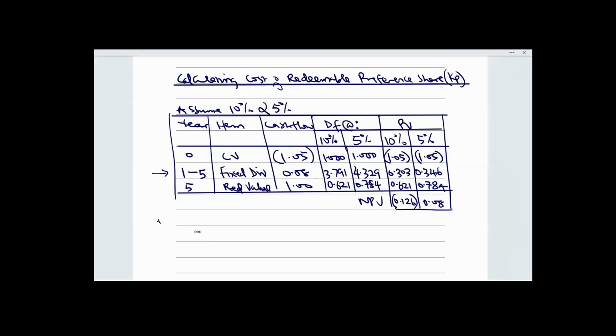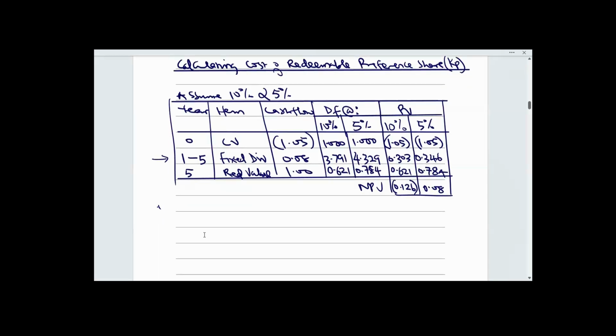So we assumed 10%, we got a negative NPV of 0.126. We reduced to 5%, we got a positive NPV of 0.08.